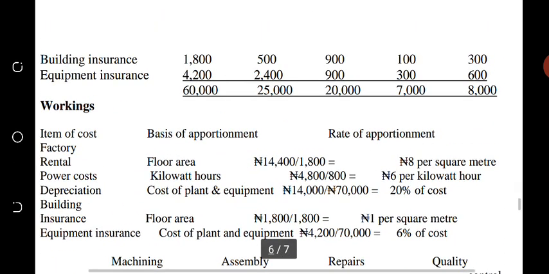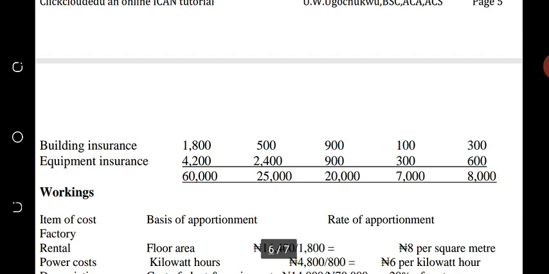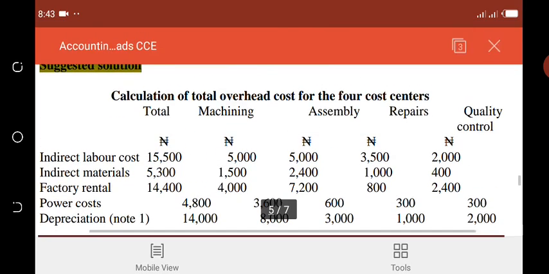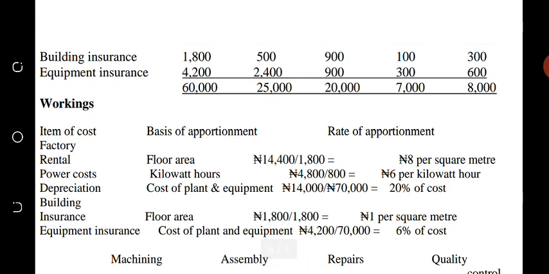With this, the totals for the cost centers are machining 25,000, assembly 20,000, repairs 7,000, then quality control 8,000.